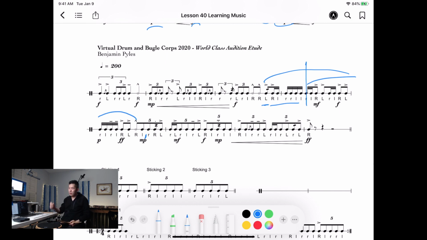Okay, so at this tempo, and I would say if it's marked at 200, you should not have any qualms about going 100. Oh, which is what I'm doing. Oh, that's a little bit slower.